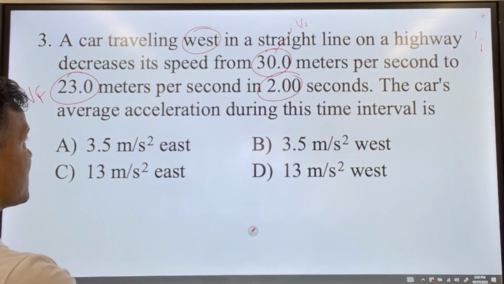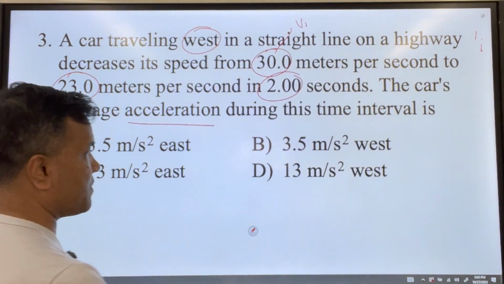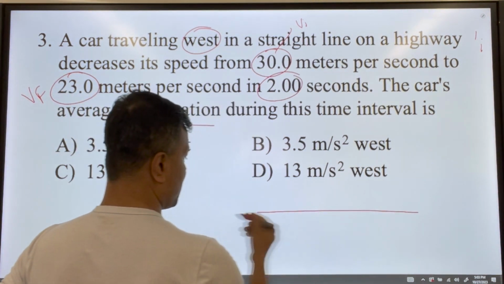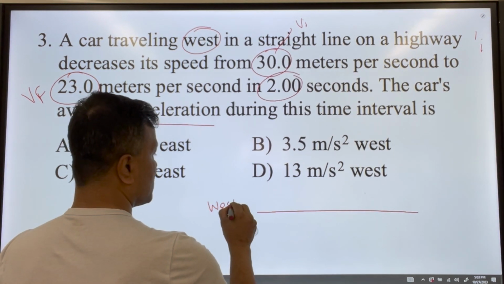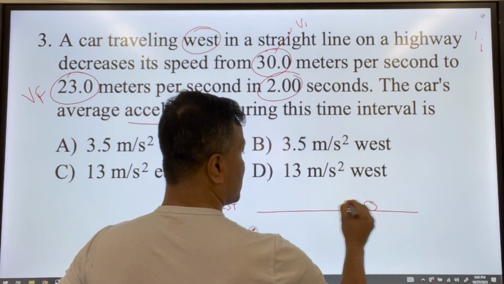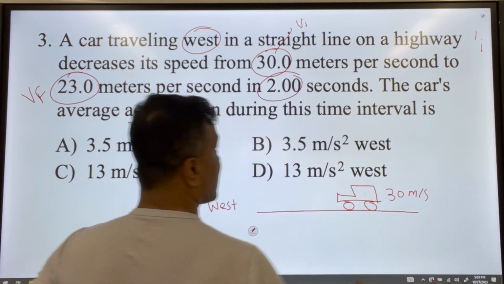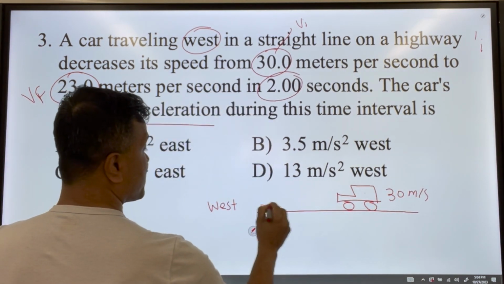What is the car's average acceleration? So remember, the car is moving to the west. This is west, so this is the car, moving 30 meters per second and then moving 23 meters per second.